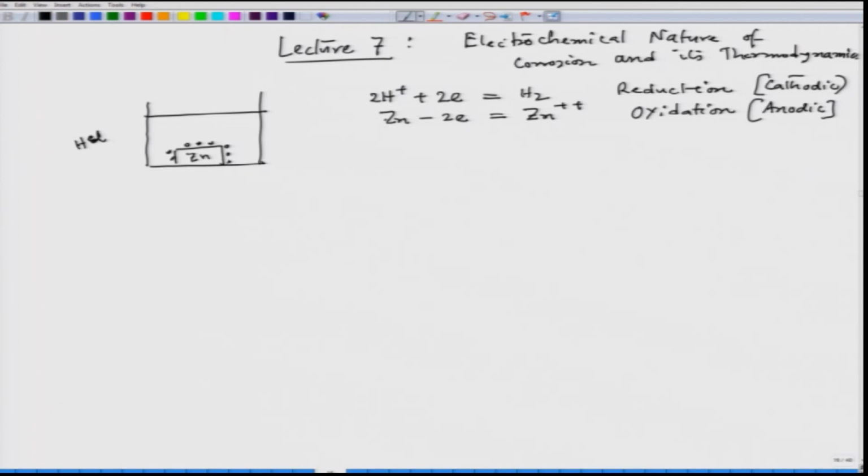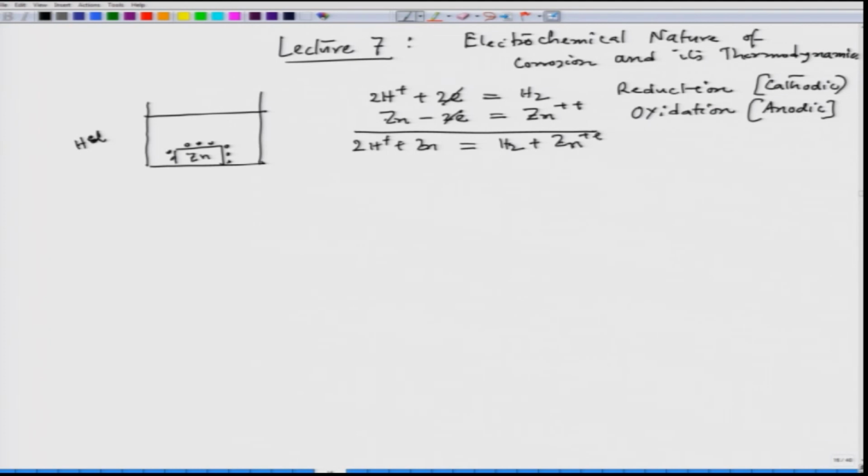Now, if we combine them, then we will see that the 2 electrons on both sides are cancelling each other. So, that means we are maintaining charge balance, and we are also maintaining the conservation of charge concept. So, that becomes H2 plus Zn2+.